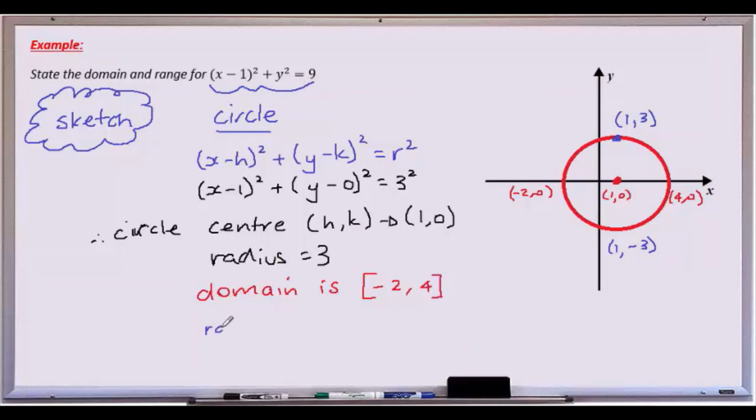So therefore my range for this function will be including from -3 to +3. So these are my y values, and these, the domain, are my x values. And so therefore my y values go from -3 to +3, and my x values go from -2 to 4.